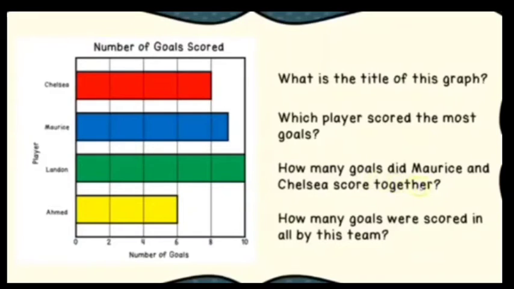How many goals were scored in all by this team? In total, we have to count it. 33 is there. Total scoring is 33.